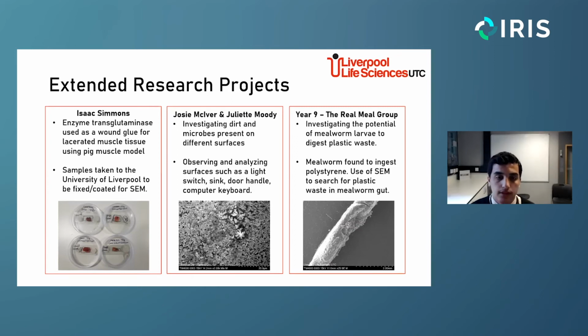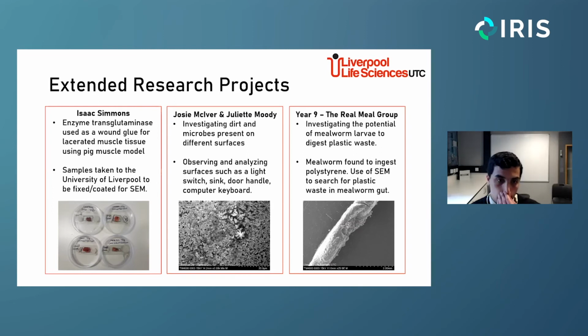These three groups you see in front of you are also people who have been trying to use the electron microscope to further their own projects. First of all is Isaac, whose project is the enzyme transglutaminase, which is used as a wound glue for the muscles, which they want to make a part of first aid, and they're using pig muscle as a model.